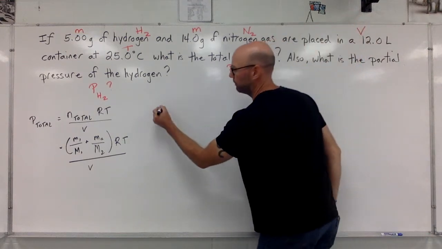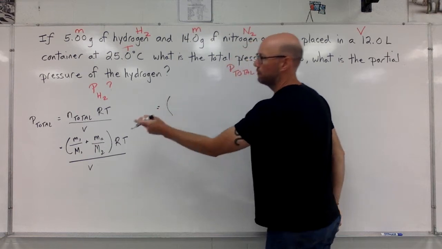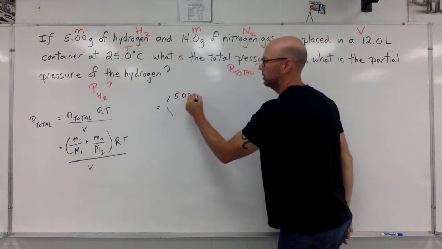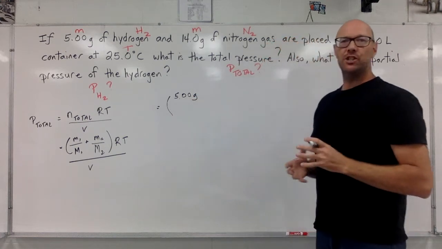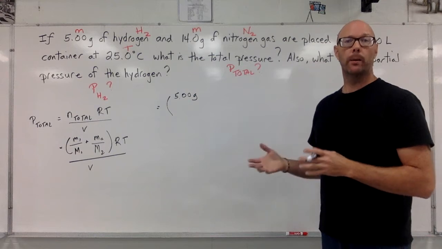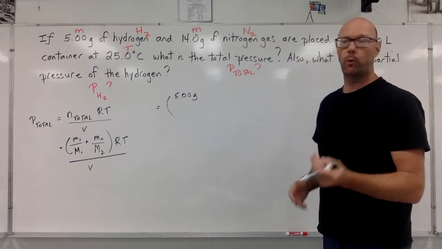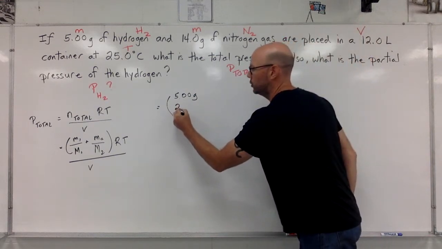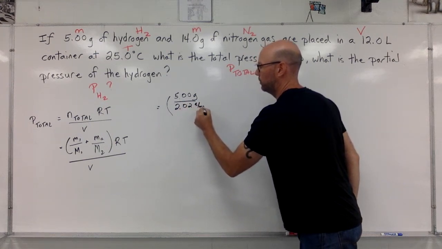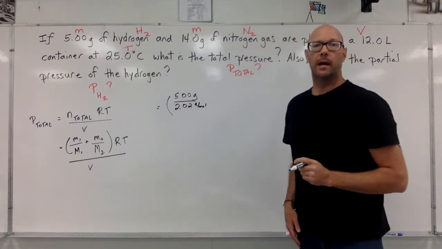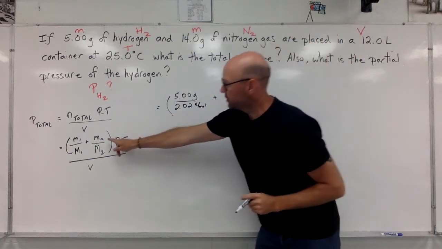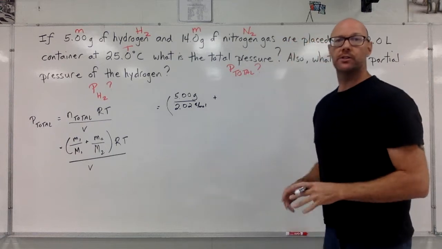Turns out to be, let's see, the first mass is 5 grams. Hydrogen is H2, so the molar mass is its atomic mass twice, 1.01 plus 1.01. That's 2.02 grams per mole. Now we're going to add the second mass over molar mass, which is the nitrogen.